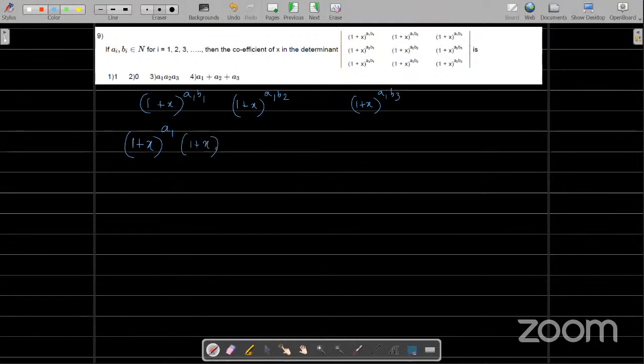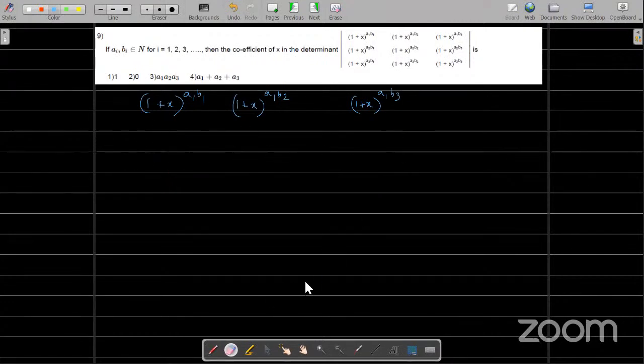And a1 to the power of b1, right? Okay, sorry, there is a whole power b1 b2 b3, so it's a product, not the sum there. So okay, not that.